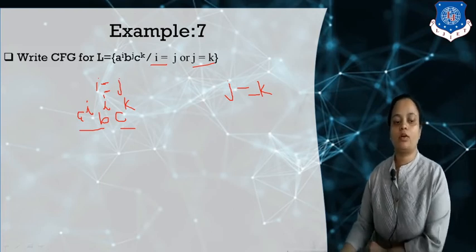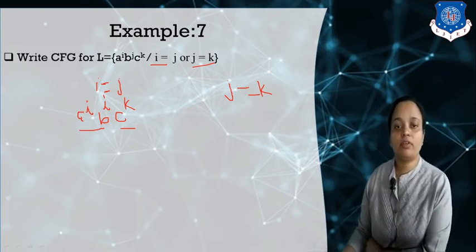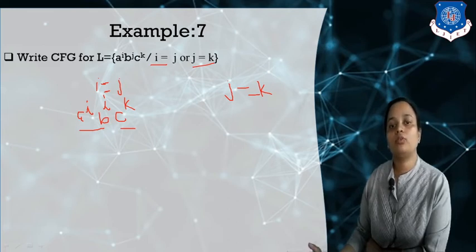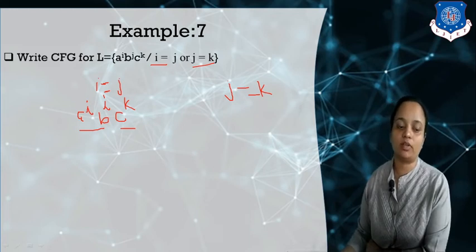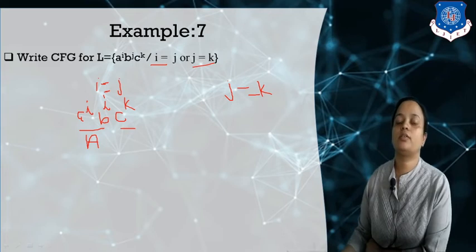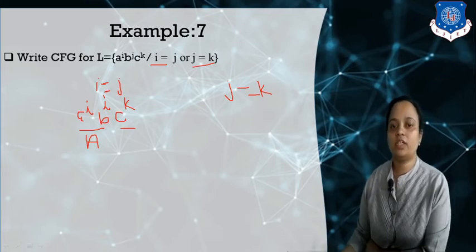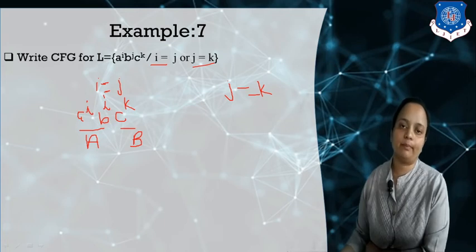Because if you remember, in previous slides we wrote context-free grammars when the power of A is equal to the power of B. So I know the logic for this, and the same logic I can apply over here. So I can replace this with the non-terminal symbol A, which gives an equal number of A and B, and c raised to k, which is not dependent on any other term, is replaced by B.